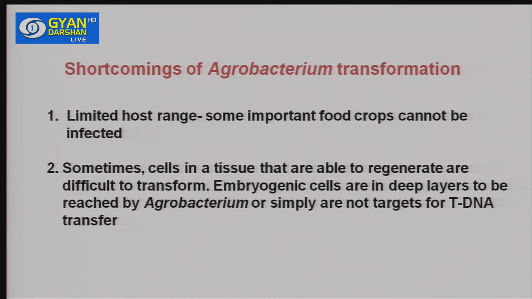But Agrobacterium tumefaciens also has certain shortcomings. It has a limited host range, because for a long time people succeeded in Agrobacterium transformation only with dicot plants, not monocots. Why? Because dicot plants secrete a larger amount of acetosyringone or alpha hydroxyacetosyringone.